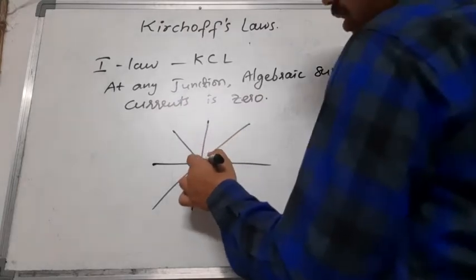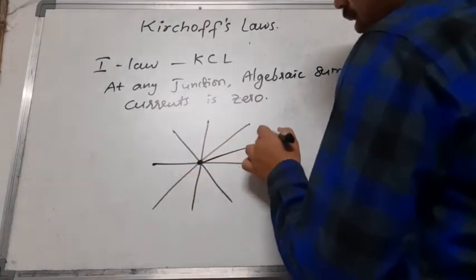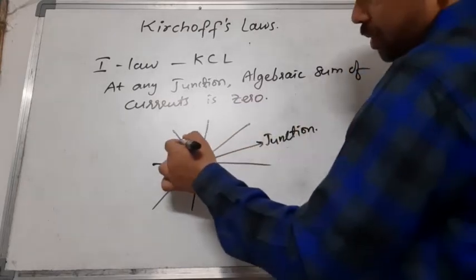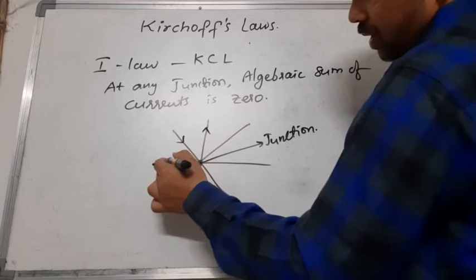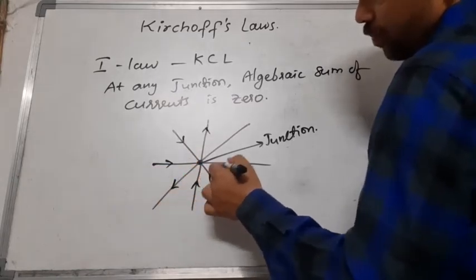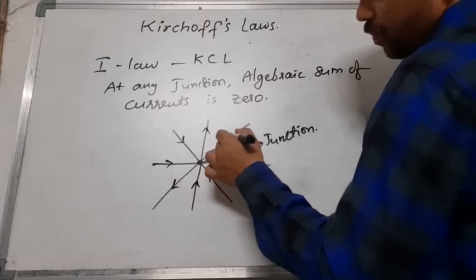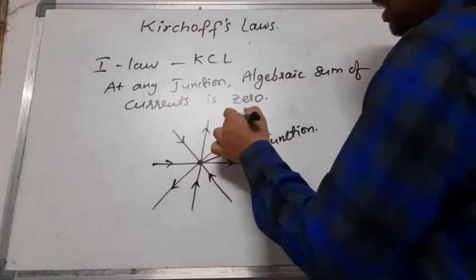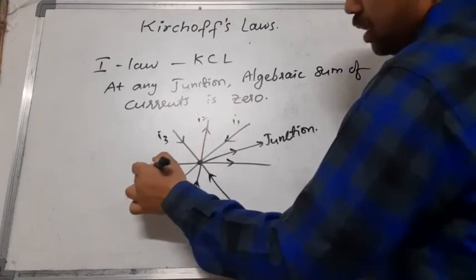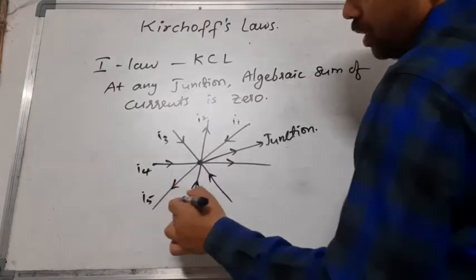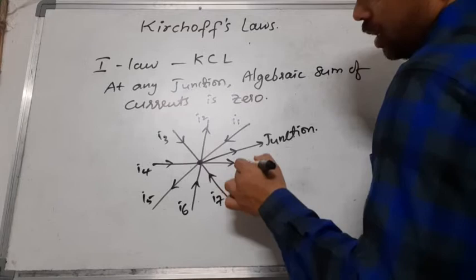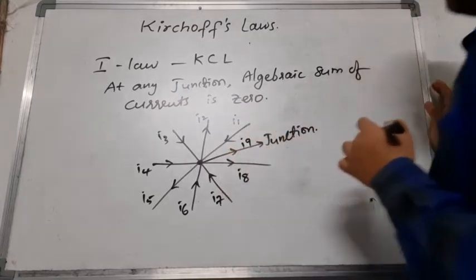This is the junction, this is called a junction. Now at this junction some currents are entering, some currents are leaving, like this. So I am taking these as I1, I2, I3, I4, I5, I6, I7, I8, I9.